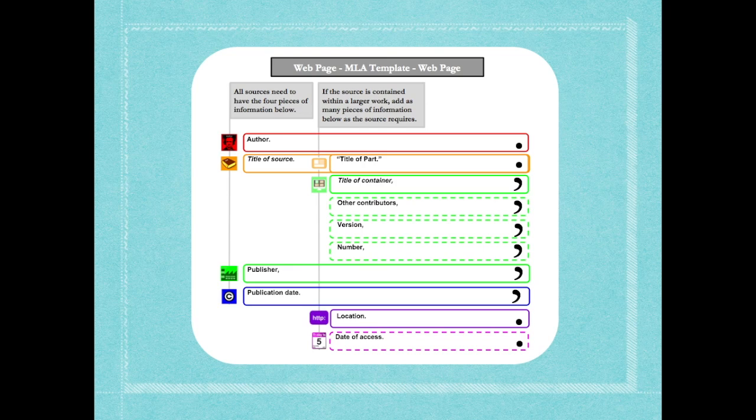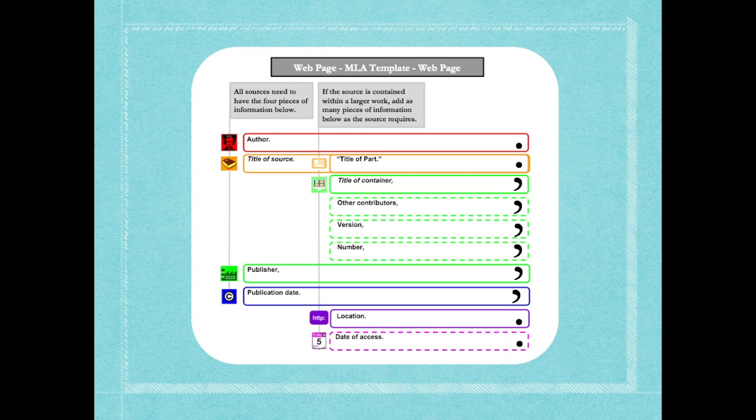But now you're going to follow that with a comma, and here's where you would put in other things if you needed them. Now, chances are for a web page you wouldn't. So you would put the title of the container, comma, and then the publisher.